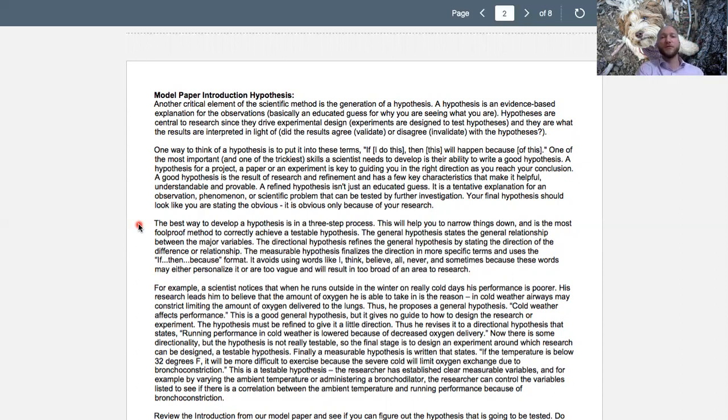So here's the general form. If I do this, then this will happen because of this. So if I put ice in a water bath, for instance, then what will happen in that water bath because of this?